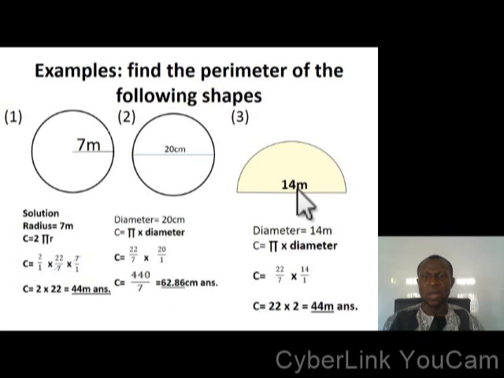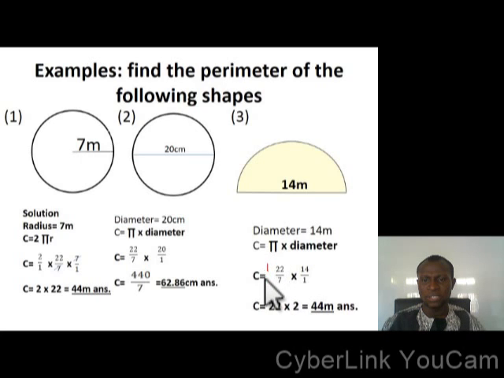Then the next one, 14 meters as a diameter in a semicircle. All right. So as we have it here, remember, this means half a circle, right? Half a circle. So remember the formula, that will now actually be half.